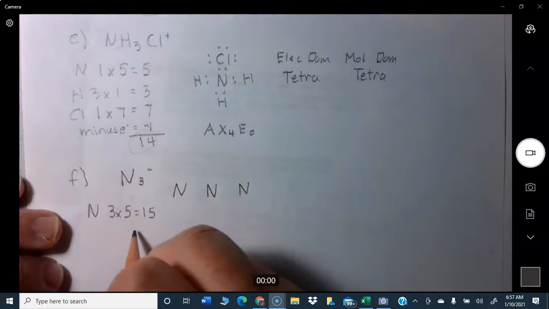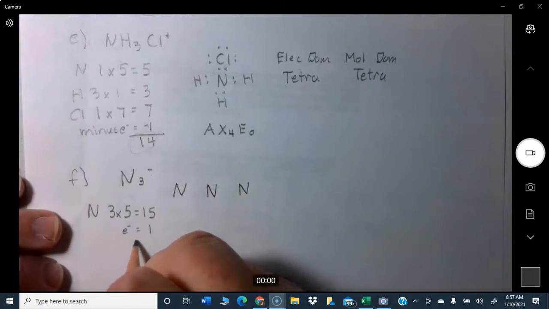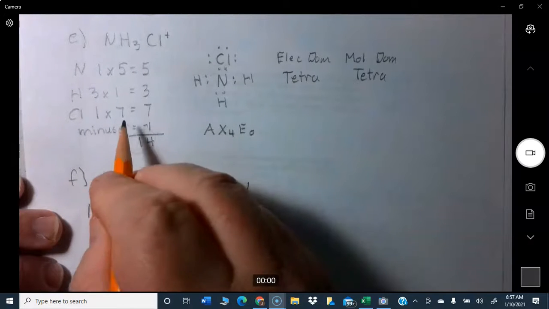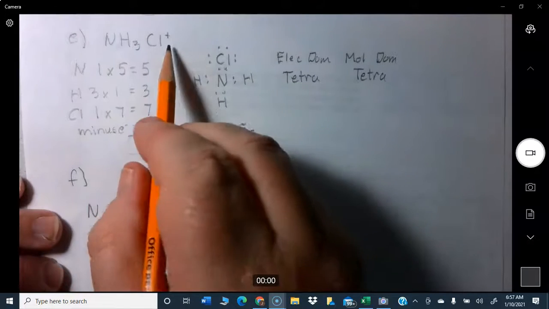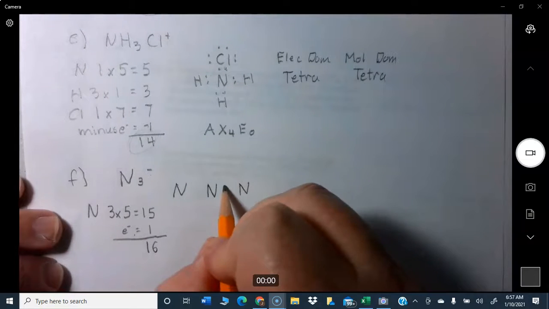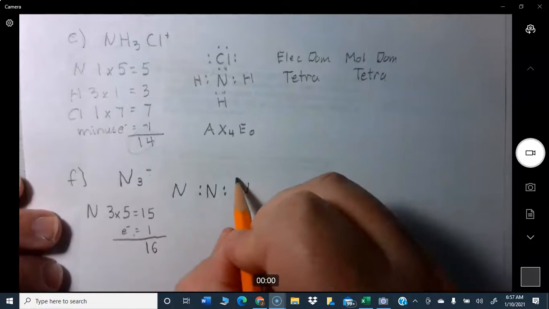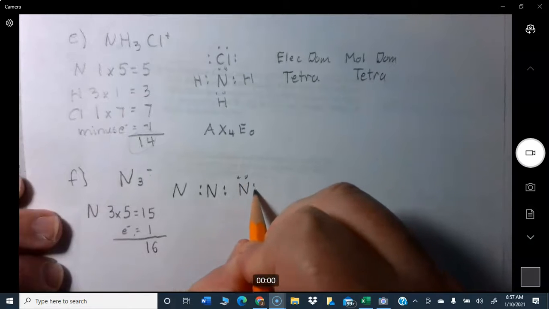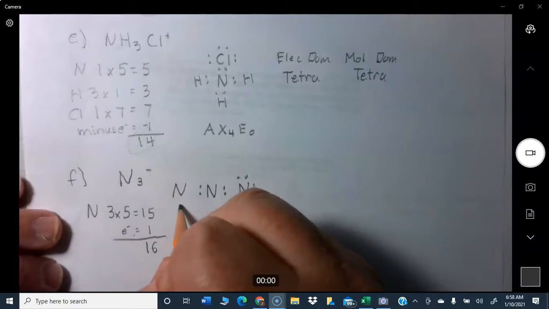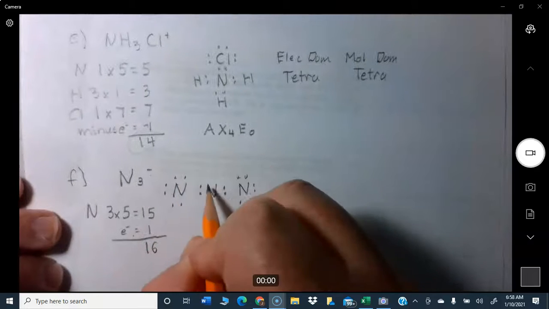And then you're adding an electron also. So this time you're adding 1. Up here you were subtracting 1 because it was a positive charge, and here it's a negative charge. So that's going to be 16. Okay, let's go ahead and create what this gives us. You put the octets around the outside atoms first, and then you deal with the central atom.